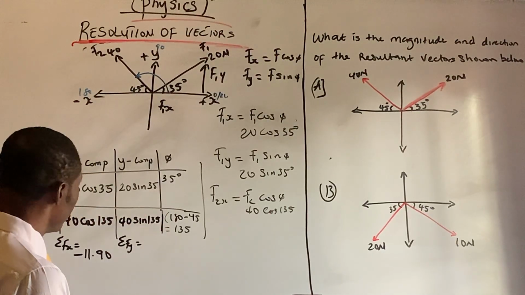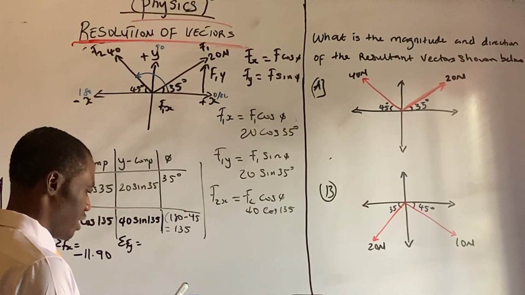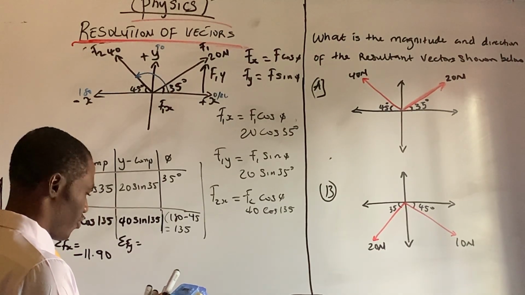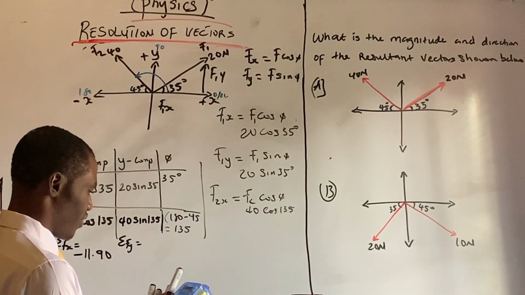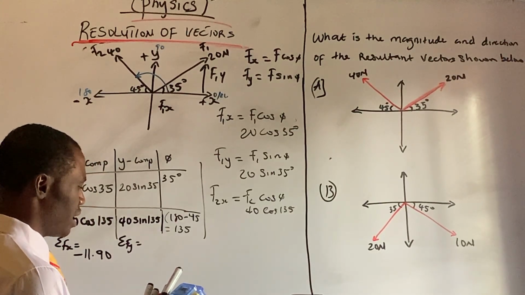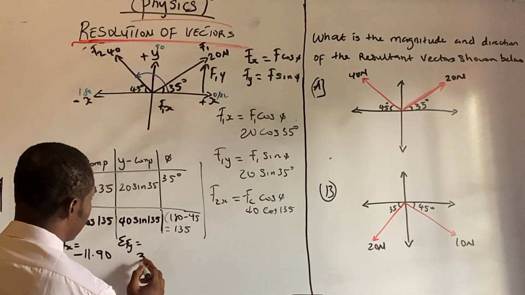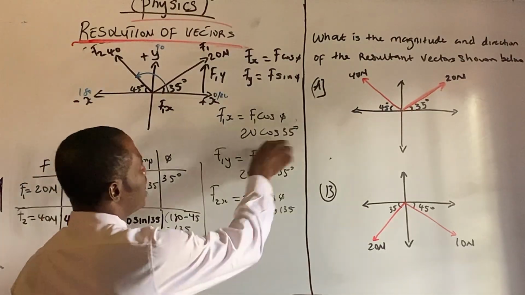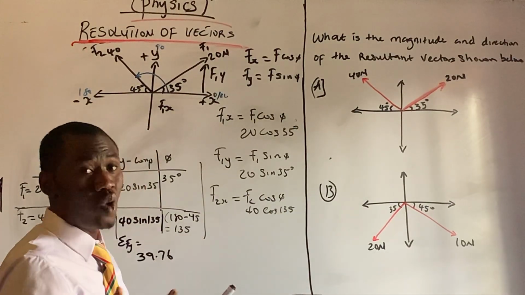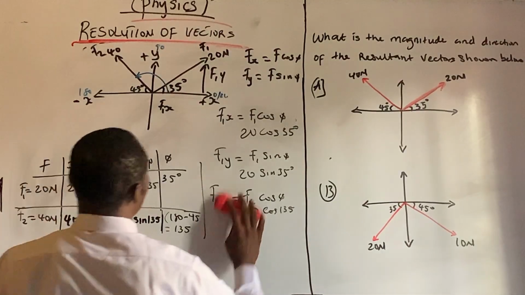The next one is 20 sine 35 plus 40 sine 135. That will give me 39.76. Now, you can decide to be writing in your answers if you want to, but you can also decide to press your calculator and you get it once and for all.